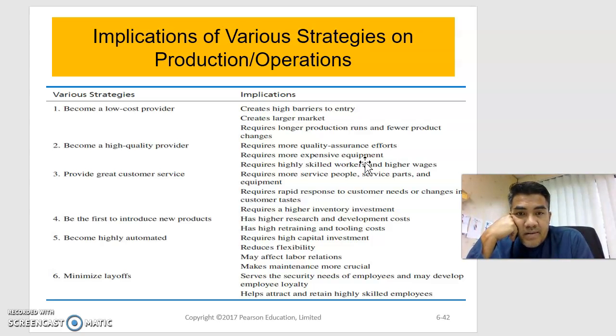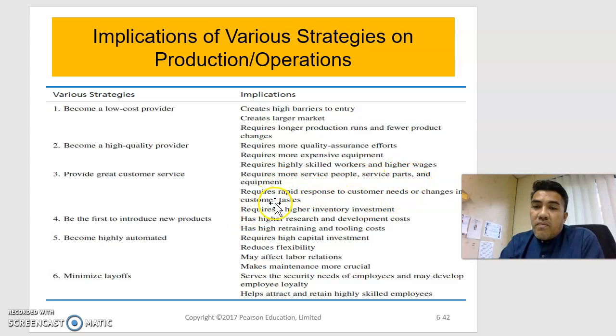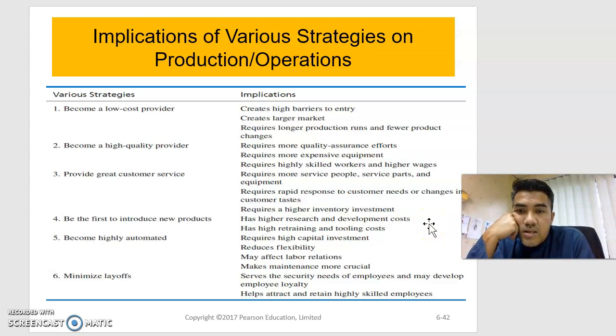And then provide great customer service, so it requires more service people, service parts, and more friendly types of employees, and requires rapid response to customer needs, higher inventory investment, and being the first to introduce new products. So what does it imply?